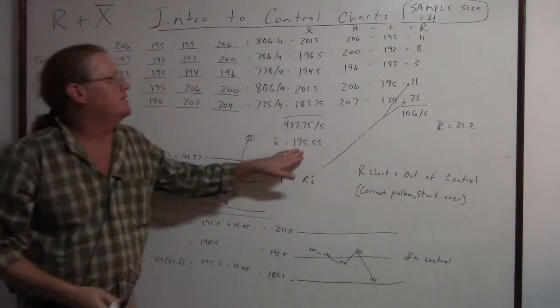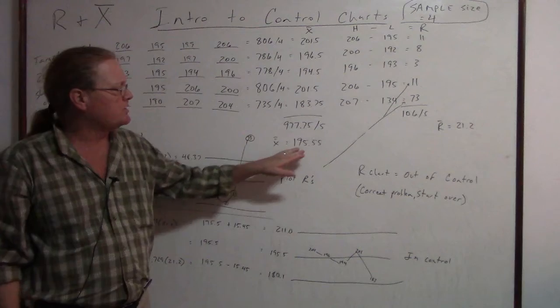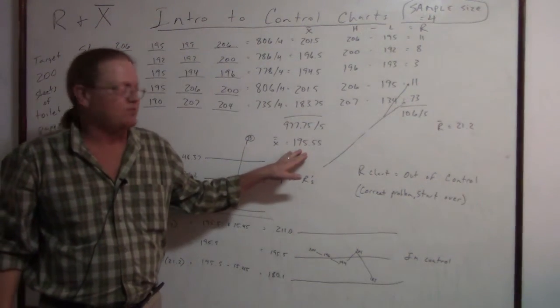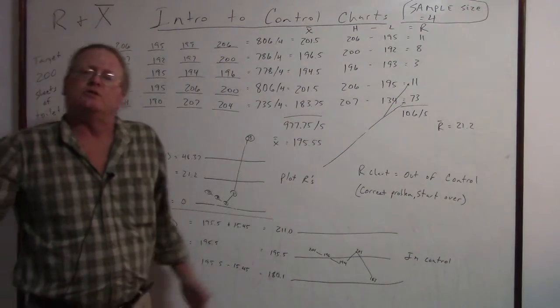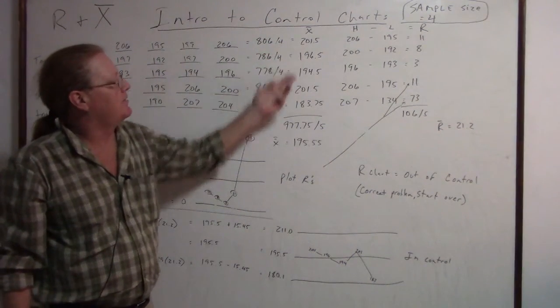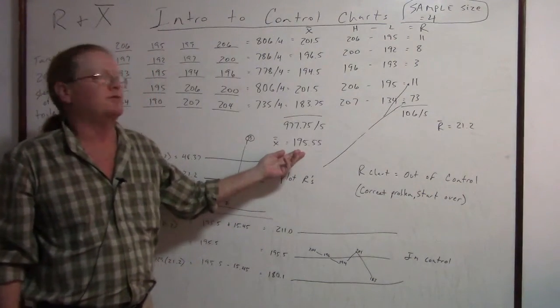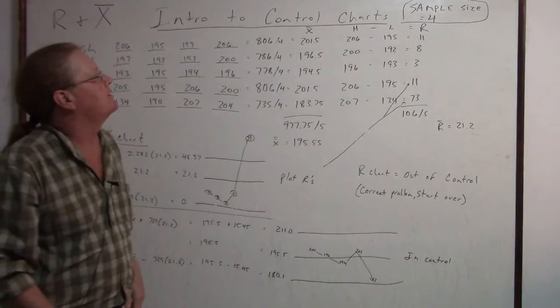And then we get the average of the averages, X bar, which is 195.55 in this case. So that was easy, right? Add, divide, X bar, 195.55. Not that bad, huh?